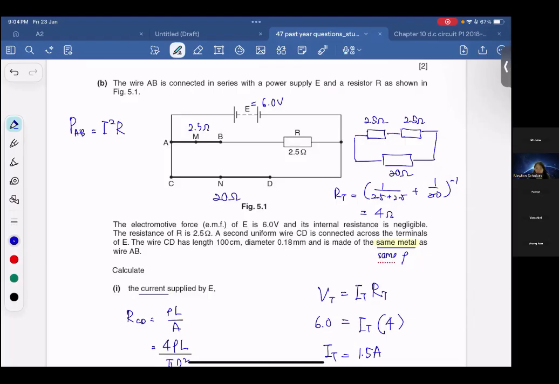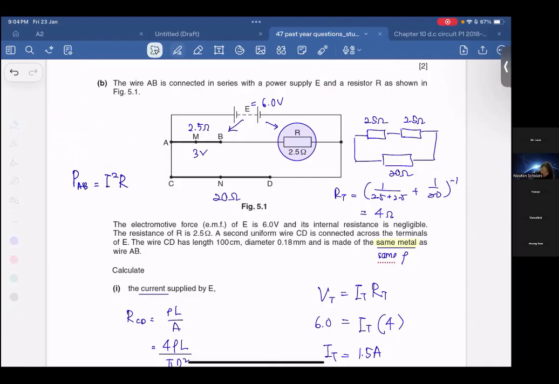Let me give you some hints. You see this one is 2.5 ohm, here also 2.5 ohm. That means each of them will receive 3 volt, right? So here, V for AB equals I for AB times the resistance for AB, which is 2.5.